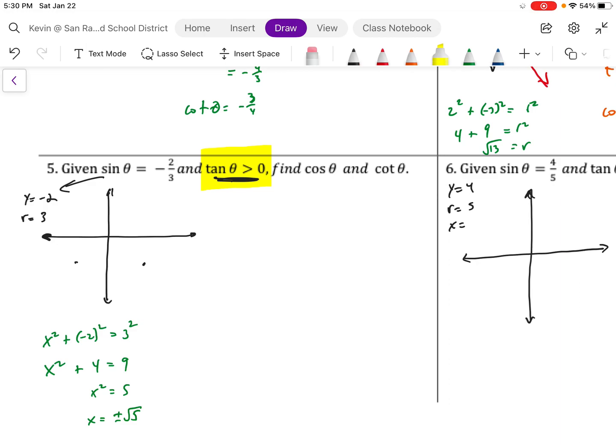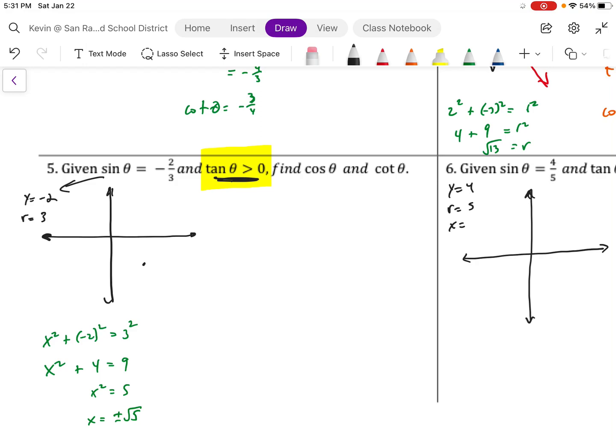Since tangent is y over x, if the y value is negative, then the x value needs to be negative, because the two negatives equal positive.